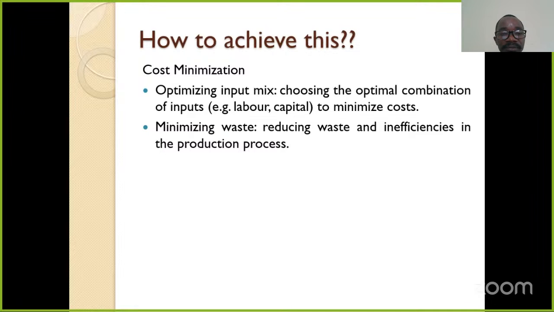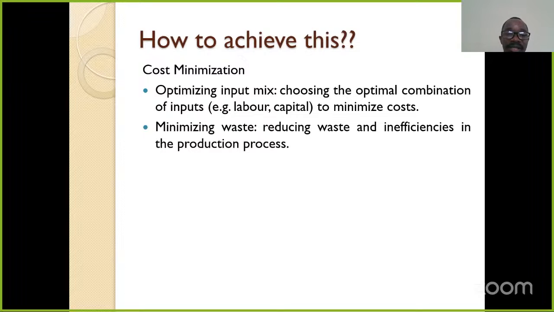First way is to optimize the input mix or the input combination. Here we are talking about choosing the optimal combination of inputs to minimize the cost, and of course, avoiding the wastage, thus reducing the waste and inefficiencies in the production process.